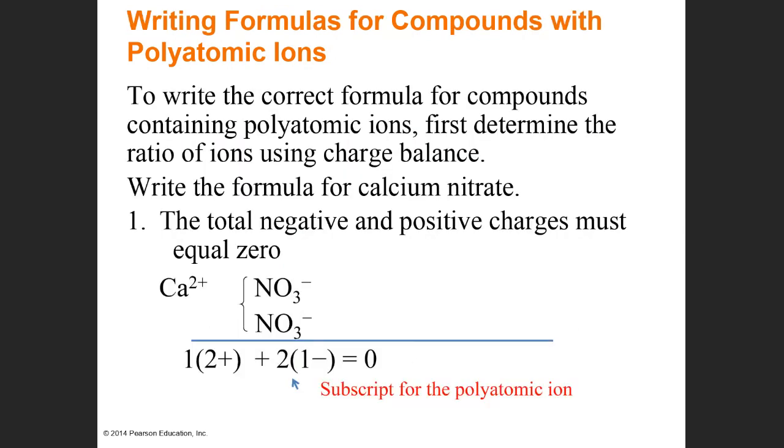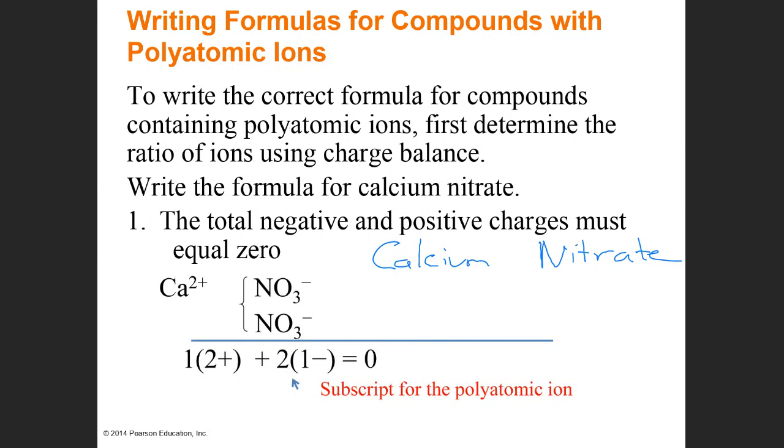So then, where does that leave us? That's going to mean, how do we use these when we're writing formulas and names? So let's say I'm going to make a compound from a calcium ion and NO3, which is nitrate, a nitrate ion.